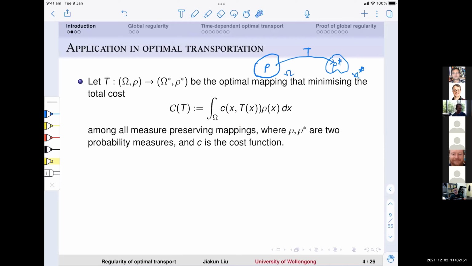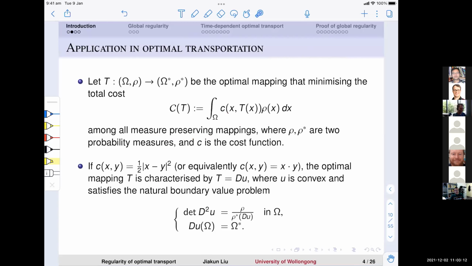I'm not sure if anyone has seen this before, but we're trying to minimize such a total cost, and the minimizer is called the optimal mapping. Of course, we're assuming all the mappings are measure preserving. That means when you do the transport, nothing extra is gained and nothing is lost. So the measure is preserved.